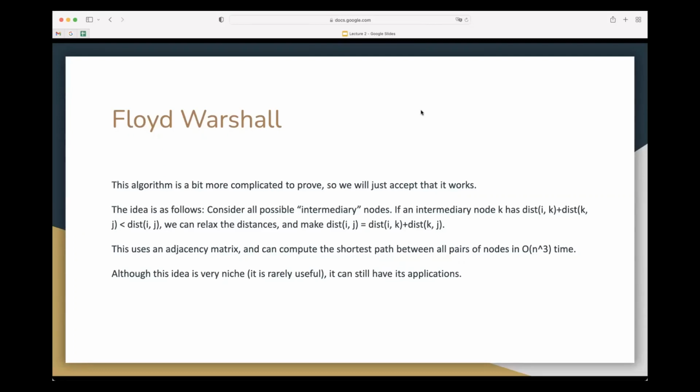And that could even speed up Floyd Warshall. Because let's say you have 1,000 nodes within your whole graph, but only 20 of them can possibly be intermediary nodes based on the constraints of the problem. Then instead of n cubed, it could be n squared times 20. And that's a lot faster, while also it's very hard to do with Dijkstra's. So there are a lot of situations like that where Floyd Warshall can be extremely useful, and Dijkstra's is not as potent.